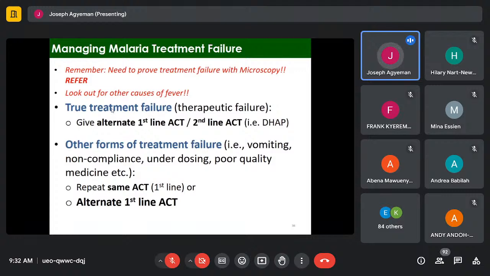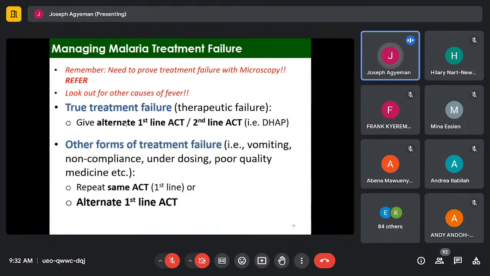You did not vomit, you complied with the treatment, but the treatment failed. In that case, it is prudent that when you are going again for the second treatment, for a true treatment failure like this one, you don't repeat the same agent. It could even be a case of resistance. So in the first line agents, you can take the other two that are there.